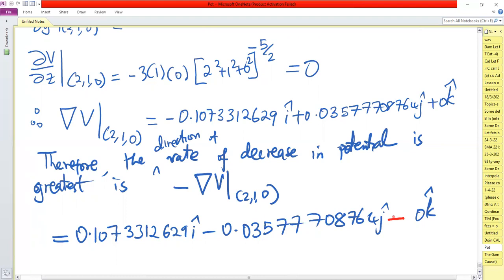So that is how we interpret the gradient of a scalar function in physical nature for the case of an electrostatic potential, or sometimes you can do the same interpretation for pressure, and you can as well do the same interpretation for temperature. Thank you.